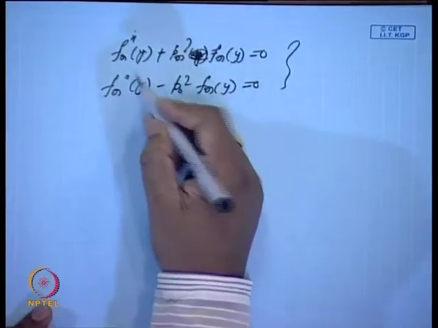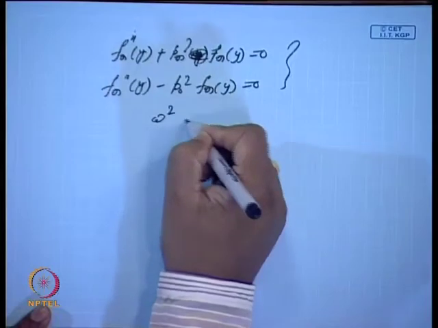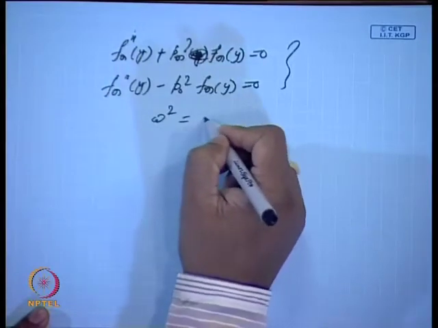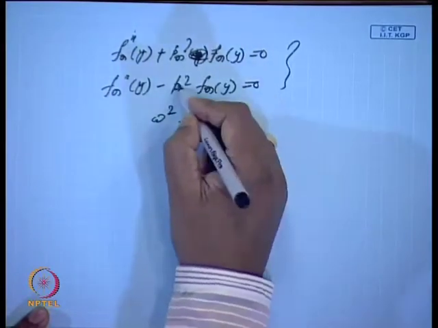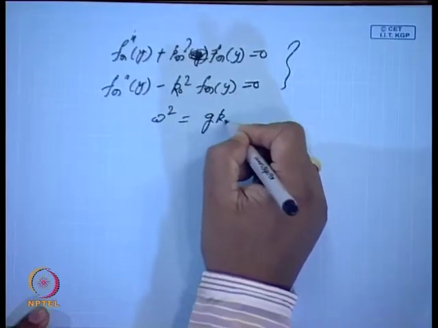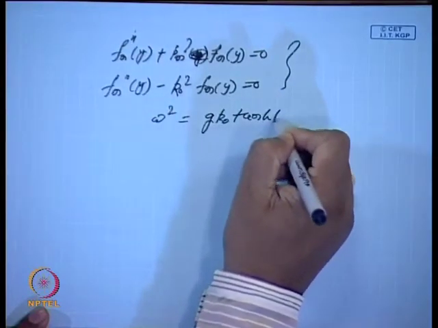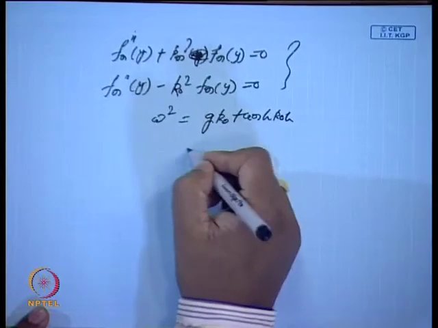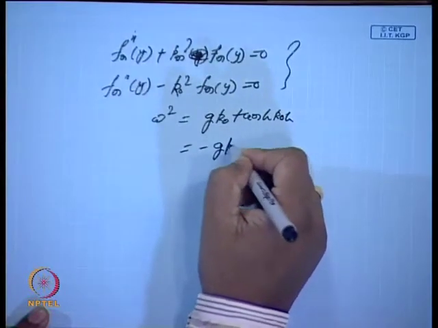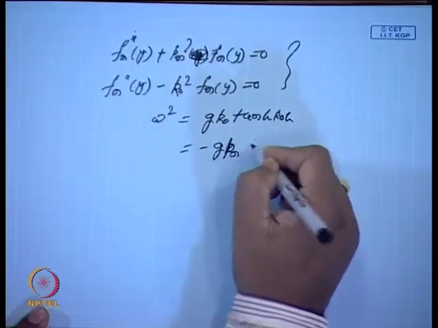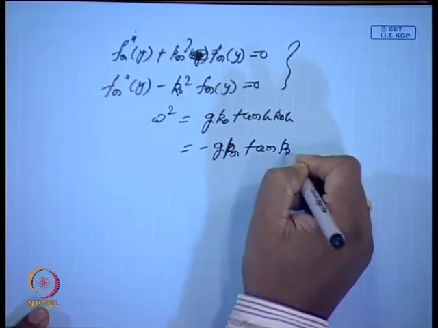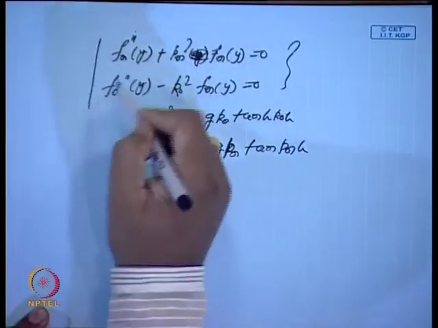Both satisfy the dispersion relations: omega square is g k naught tan hyperbolic k naught h, and again omega square is minus g p n tan p n h. So, this is the nature of f n.